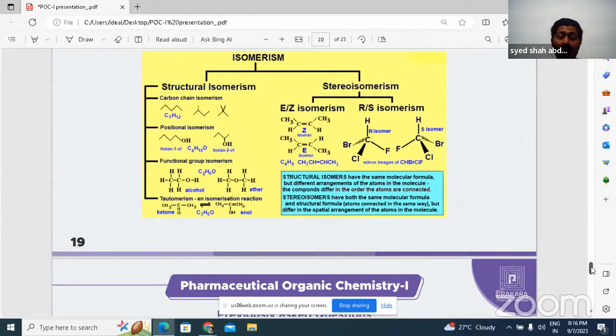R and S come under absolute, D and L under relative, where we compare with D-lactic acid and compare the other compounds.